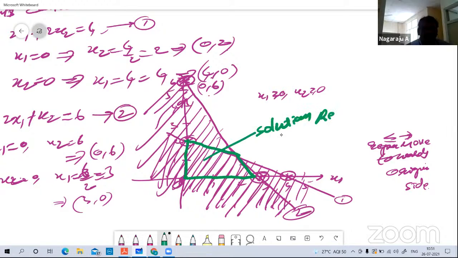Here in this solution region, I'm marking the corner points O, A, B, C. These OABC are called the corner points of the solution.